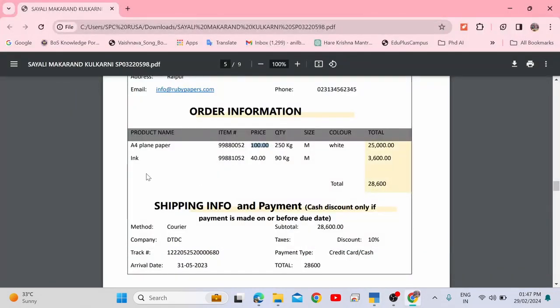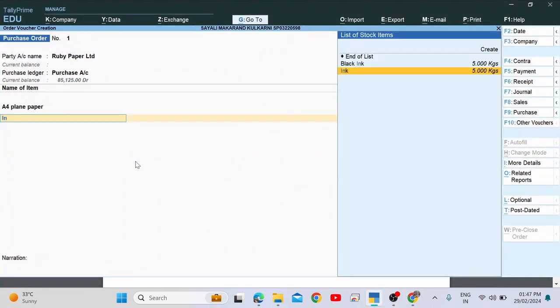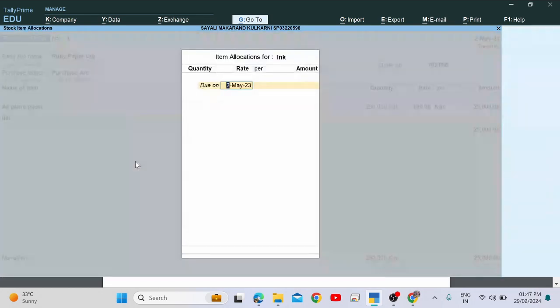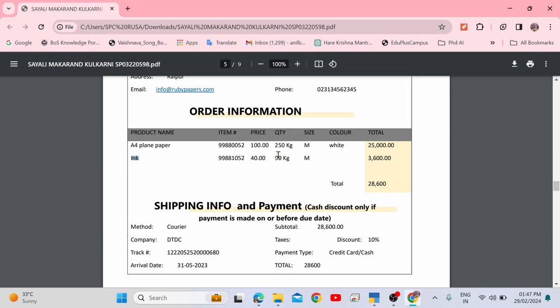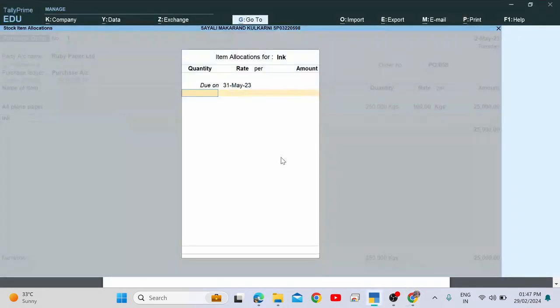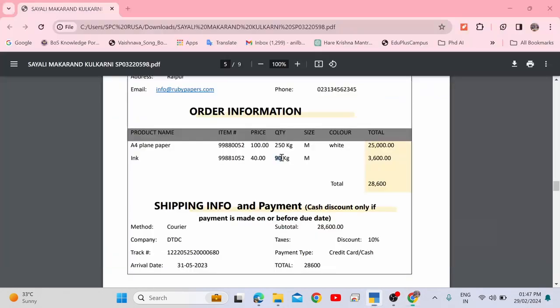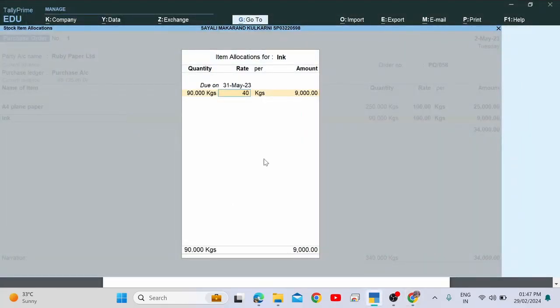And then after this they are asking for one more item, that is ink. Now ink, I think we have it in Tally in the list, just select that ink. After selecting this also, we want it on 31st May. And then quantity, how much quantity? 90 kilo total here, 90. And then rate, you can check the rate here, we have 40 per kilo.